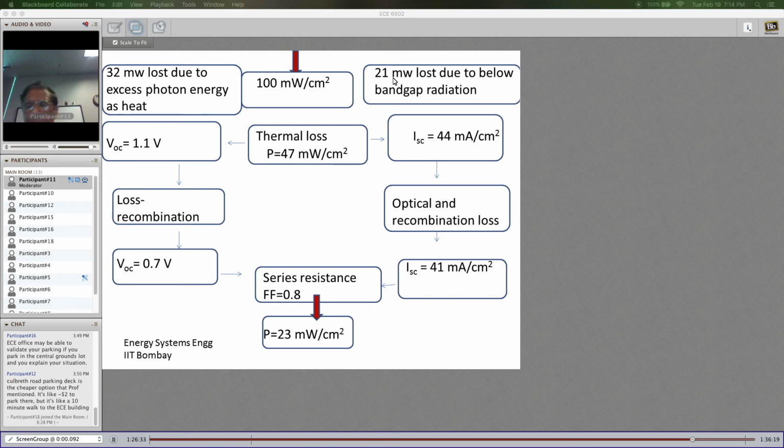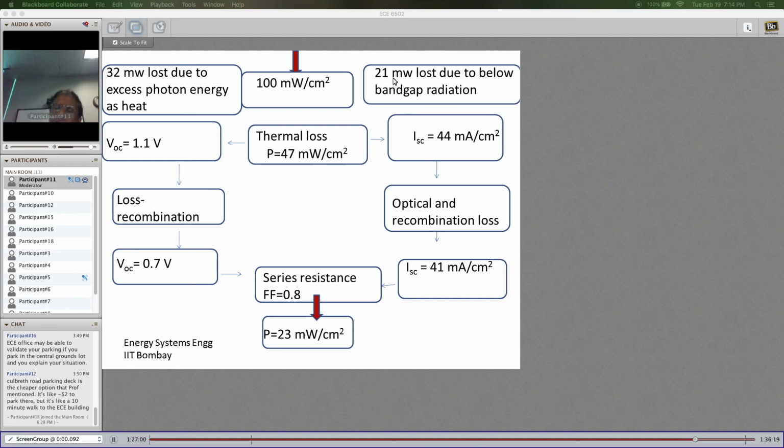That's why people are now getting about 20% efficiency, because ideally if you have 44 milliamp and 1.1 volt, you can get 32%. That's the theoretical. But practically you can get about 23%, and that's what people are getting, about 20-21%.